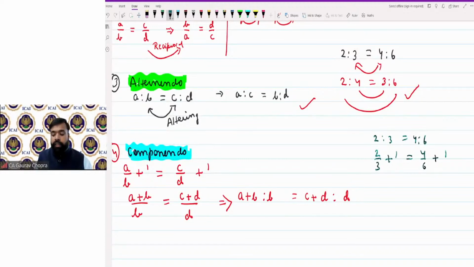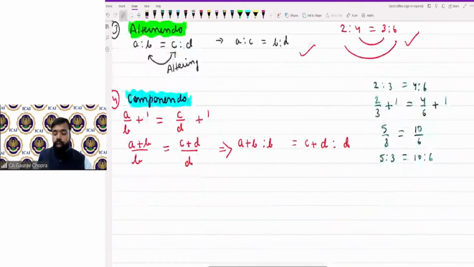So what we are getting? We are getting 5/3 equal to 10/6. Or you can say that 5:3 is equal to 10:6.